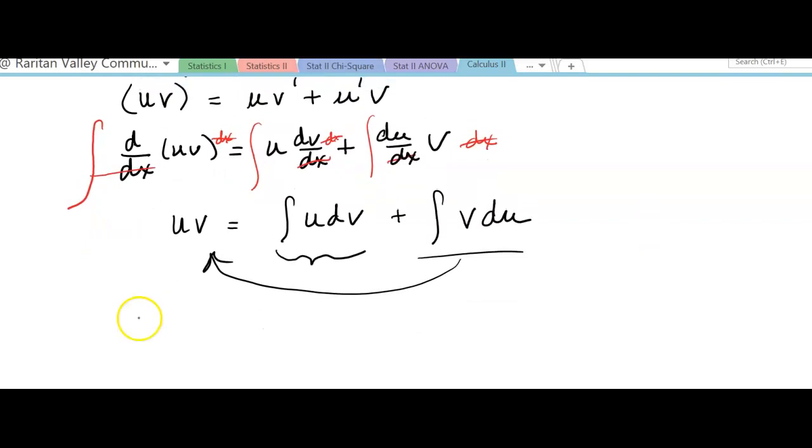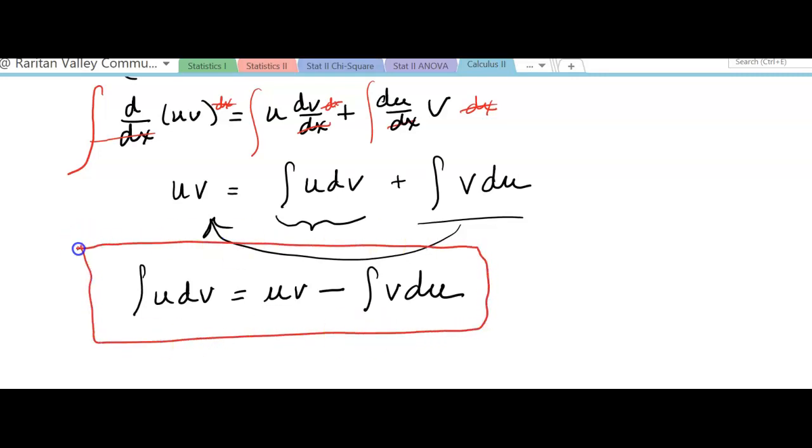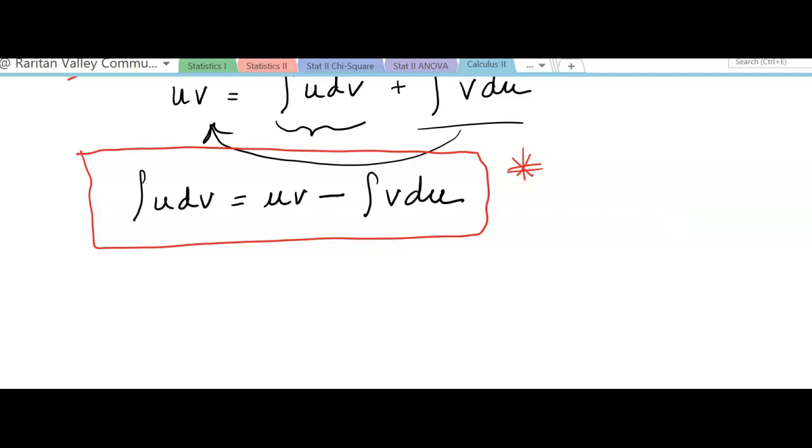So I end up with the integral of u dv equals uv minus, because I'm moving this over, the integral of v du. That's it. That is integration by parts right there. Know it, memorize it. That is essentially your formula.